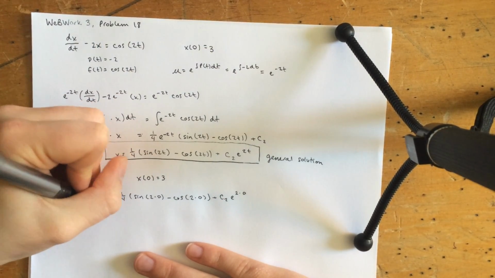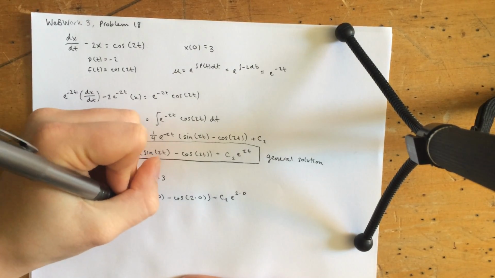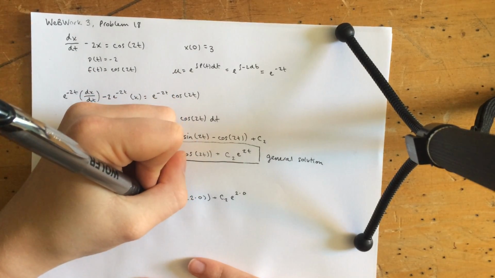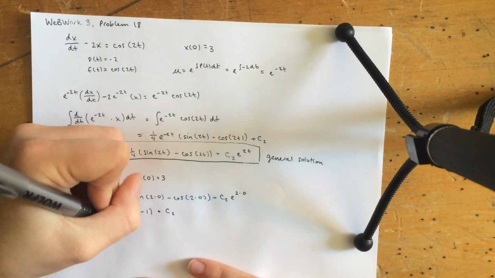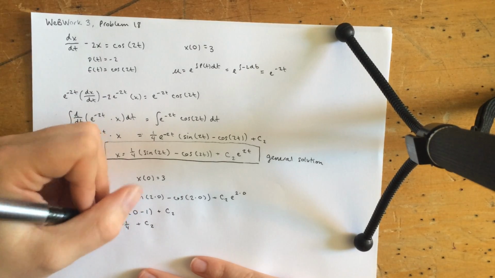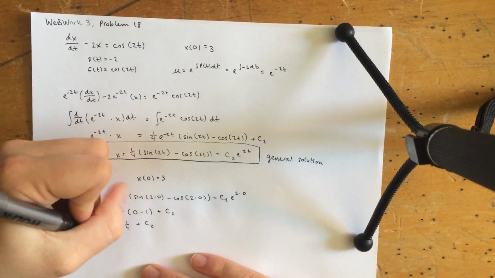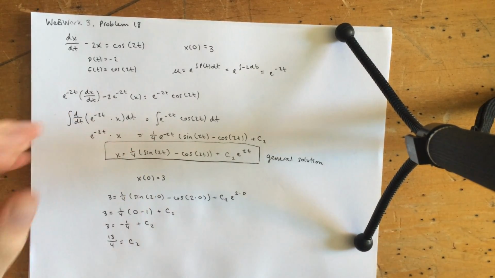So we're left with 3 equals 1/4 of 0 minus 1 plus c2. 3 equals negative 1/4 plus c2, and adding 1/4 to the side, 3 would be 12/4 plus 1/4, 13/4 equals c2.